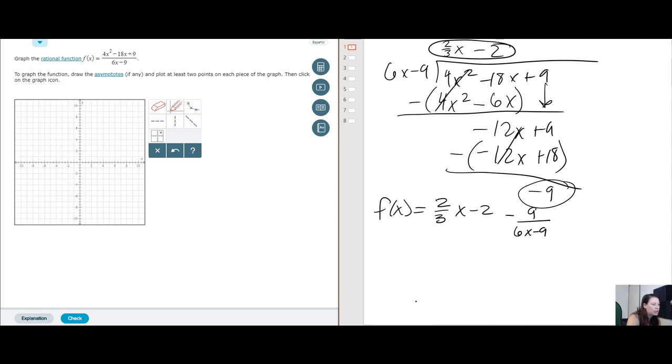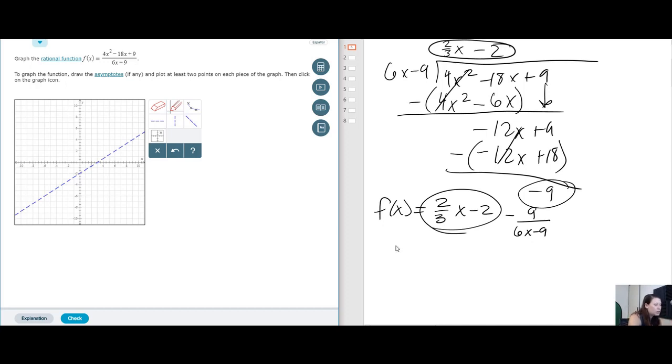Okay, so that means as this portion goes to 0, this is the leftover, or that we have a slant or oblique asymptote, essentially. So we start at negative 2, and we go up 2 over 3, and that's our oblique.